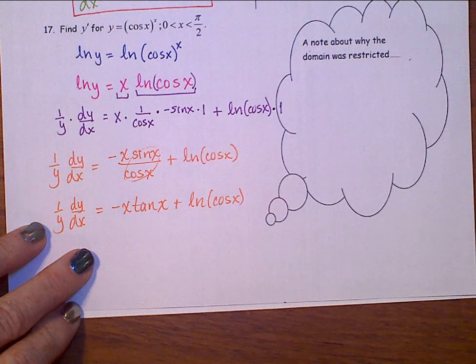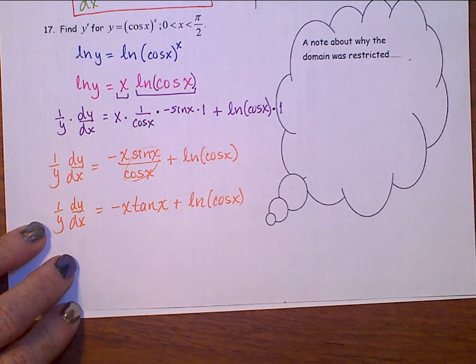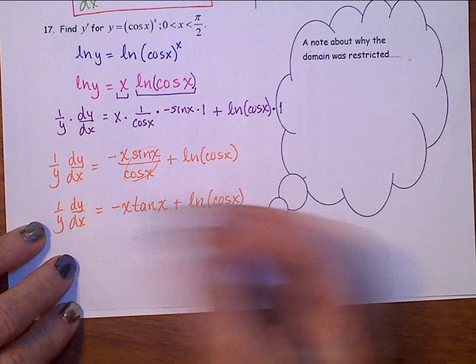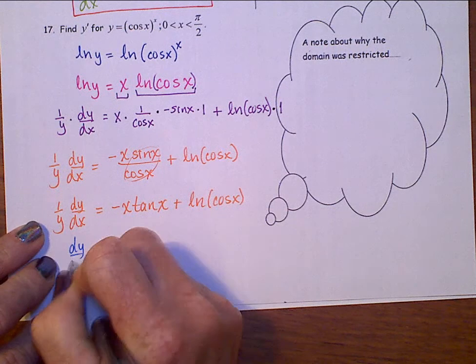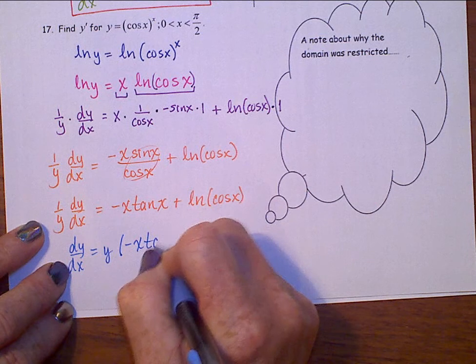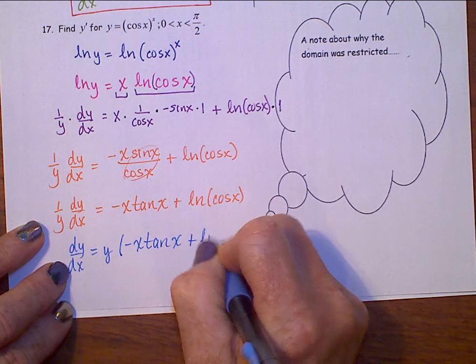All right. Now multiply back to solve for dy dx. So we're going to pull that y over. So dy dx is y times negative x tangent x plus the natural log of cosine x.